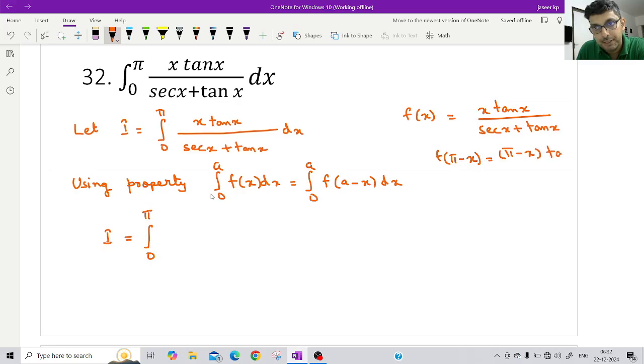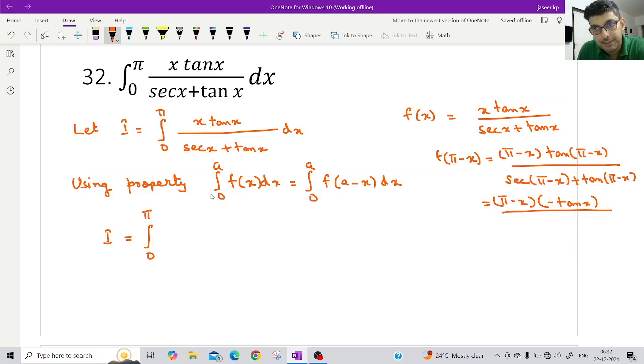tan of pi minus x divided by secant pi minus x plus tan of pi minus x. Now tan of pi minus x is minus tan x, then secant pi minus x is minus secant x, then minus tan x.